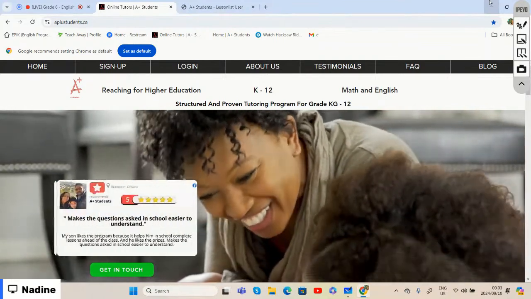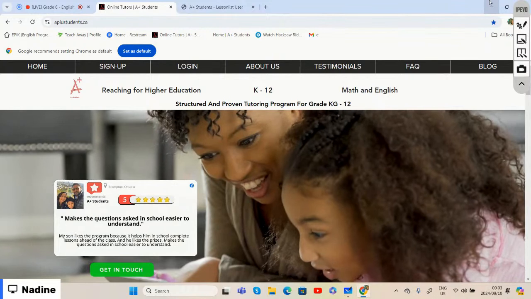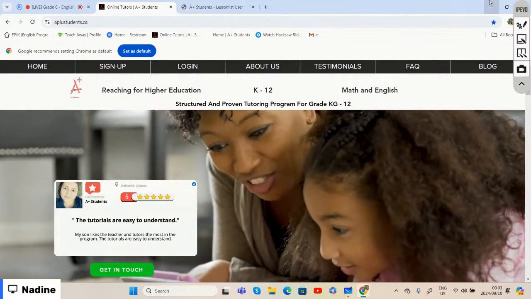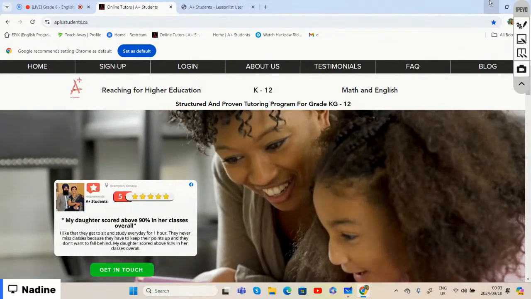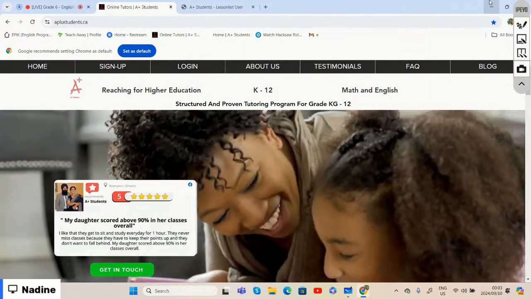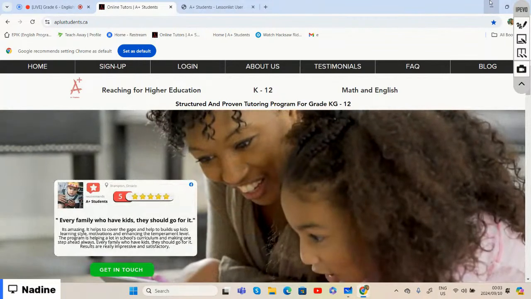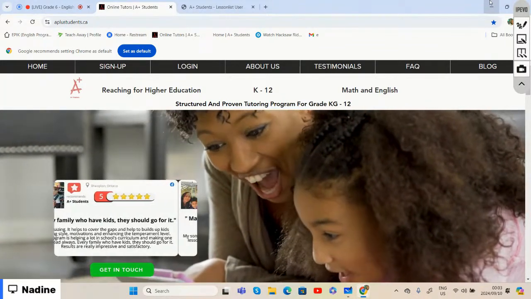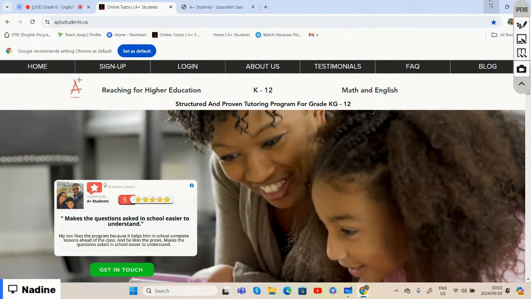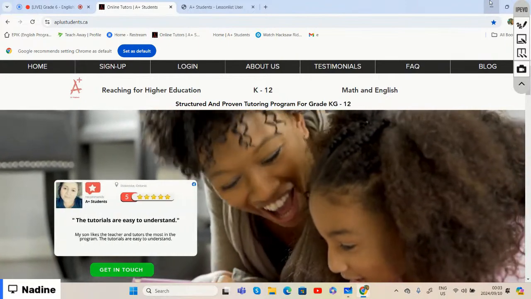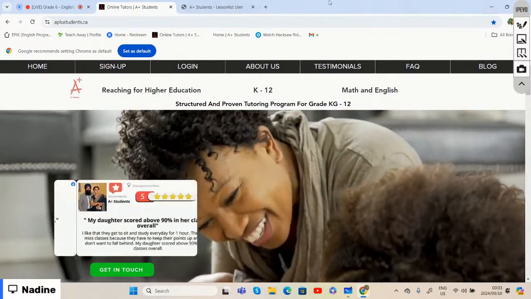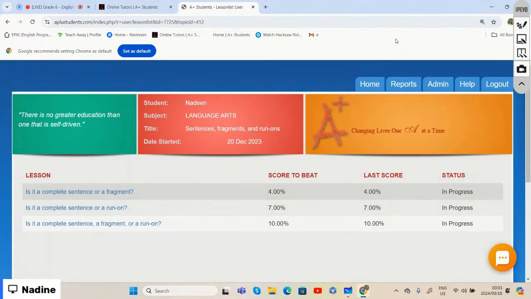We're doing grade 6. And then we're going to scroll down until we get to the chapter of sentences, fragments, and run-ons.